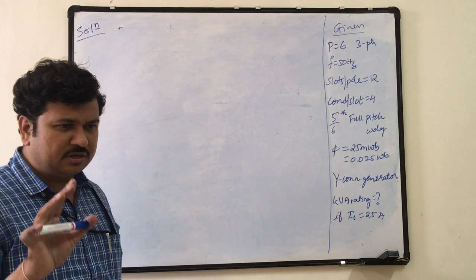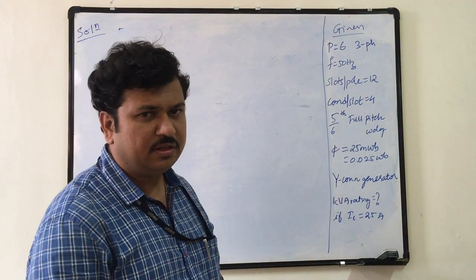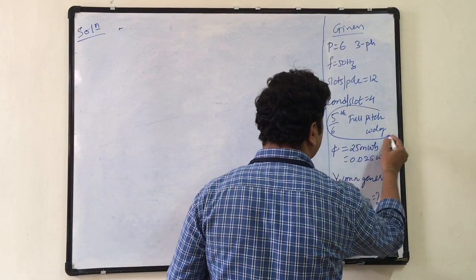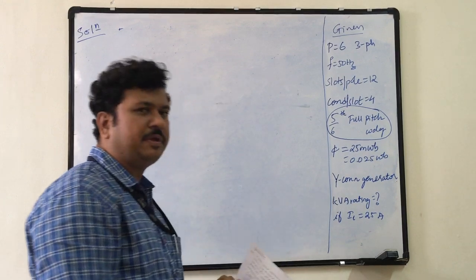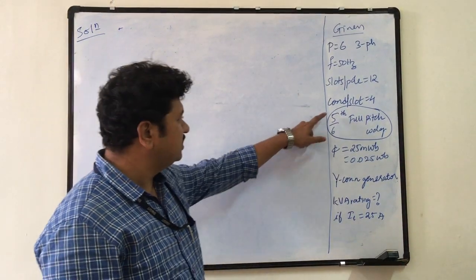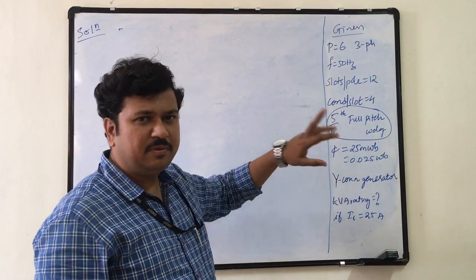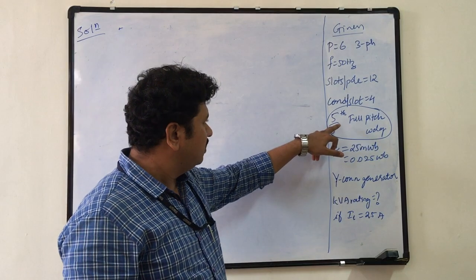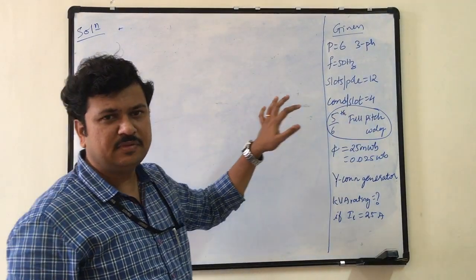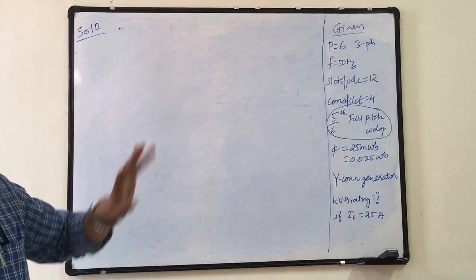Okay, so please remember one thing, if nothing is mentioned about the pitch factor. Now suppose here it is mentioned the coil or the winding is 5/6 full pitch, it means that it is a short pitch coil. 5/6 is what? Less than 1. So 5/6 full pitch means this much amount of full pitch, that is the coil span. So coil span is less than full pitch, it is a short pitch coil.